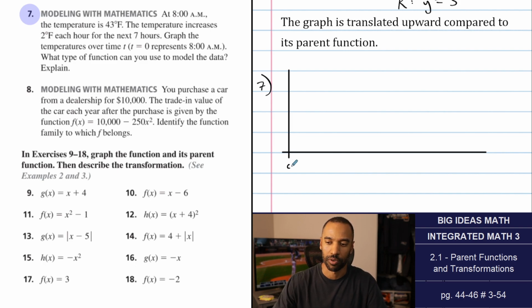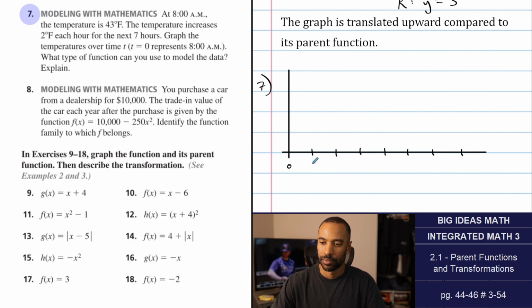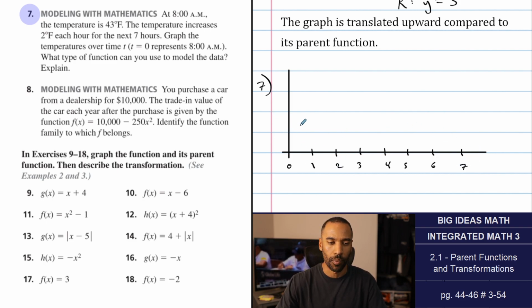But let's try and do this one for ourselves. Here's time 0. We'll go 7 hours down the line. 1, 2, 3, 4, 5, 6, 7. And let's check out what this would look like. Sorry if it's not equal width exactly. We have 43 degrees Fahrenheit right now. I'll just put this at 43, whatever.